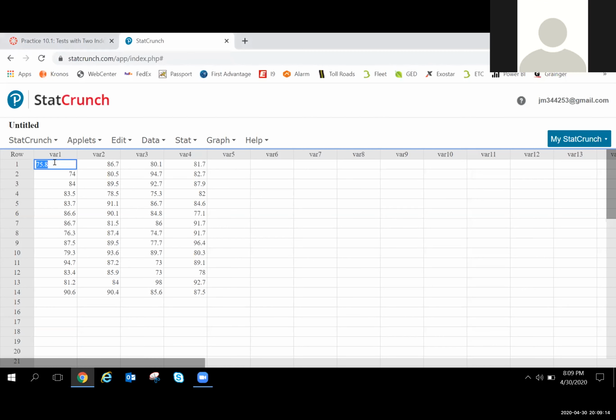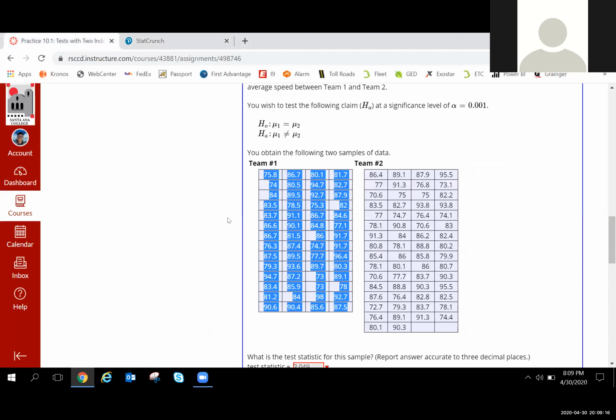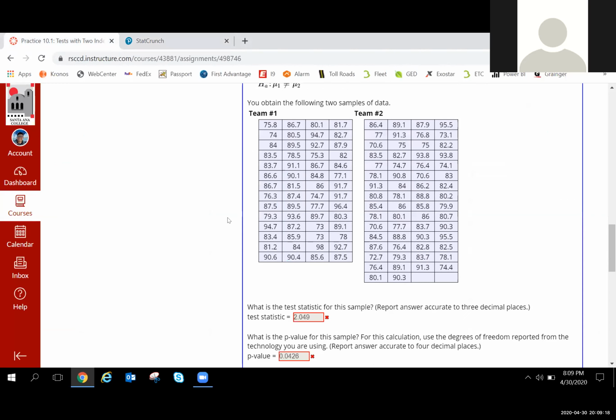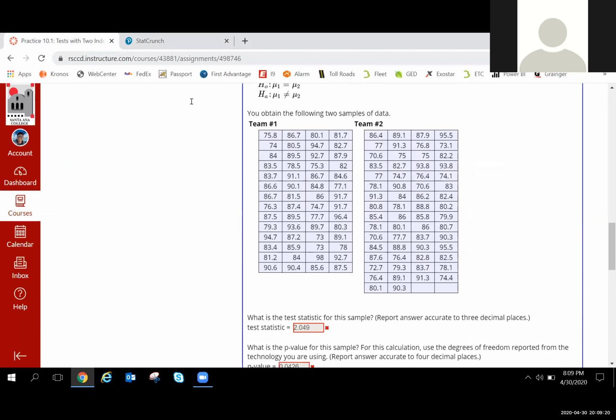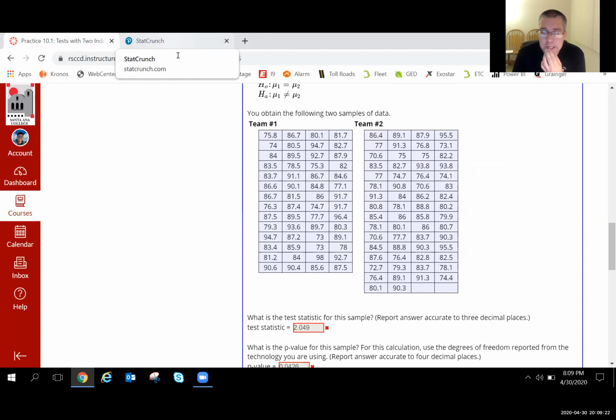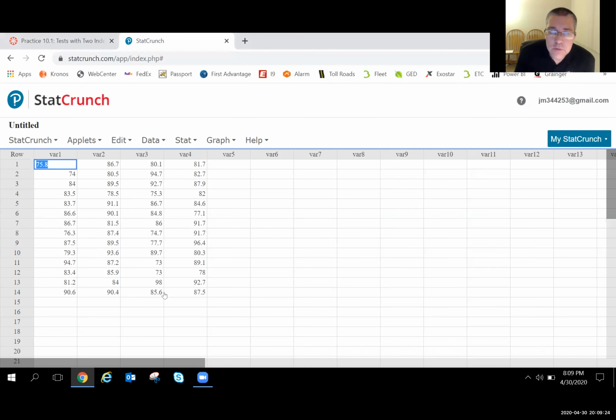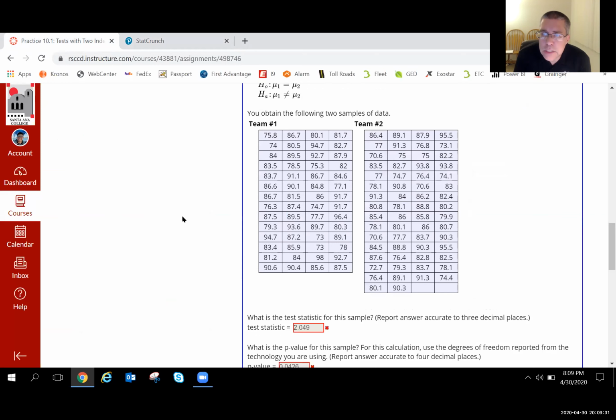Okay, so I'm doing this problem and it's asking me to enter all the data manually and get the standard deviation and the mean. So how would I do that here? Okay, so you entered the data. Let me see the data again. Okay, so team 1 is this one and team 2 is this one.